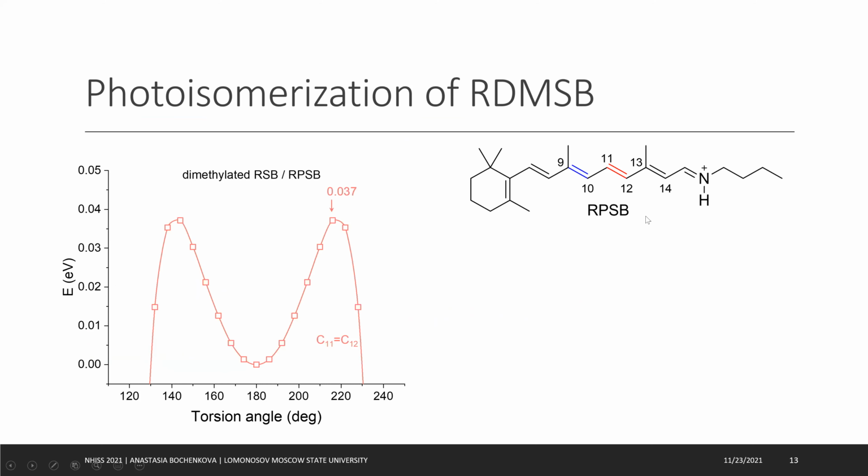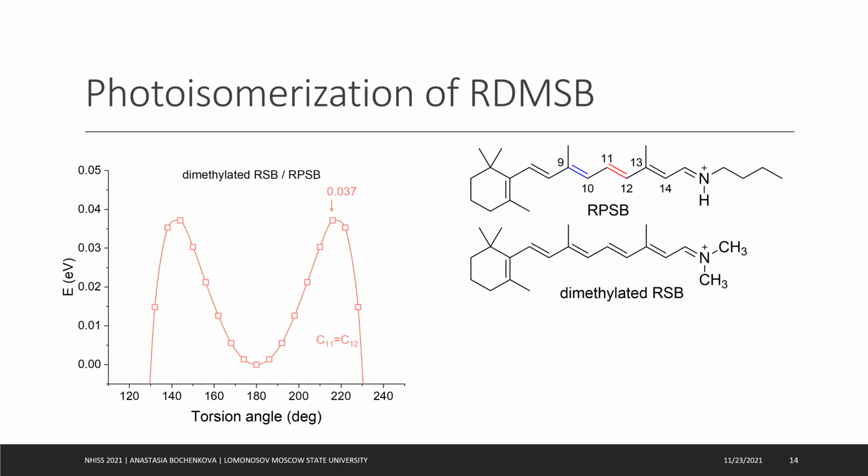So we will compare what we have in our modified retinols to what it was for the normal all-trans retinol. As you can see here, this is the red curve. This is the potential for intramolecular rotation about the central bond in the normal retinol. And now we switch to the demethylated one. As I already told you before, I think the dynamics shouldn't be really influenced by the modification of this tail.